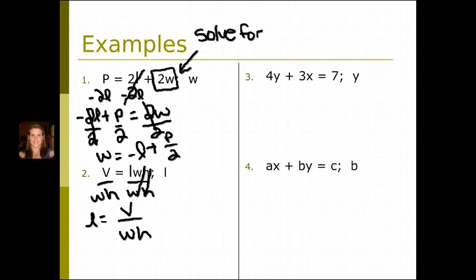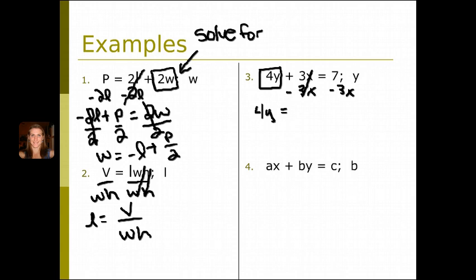Third example, solving for y. So we're trying to get the term with the y all by itself. To do that, I subtract 3x. I'm left with 4y equals, remember 7 is a constant, so it has to come at the end.